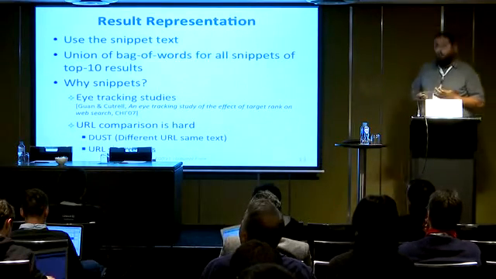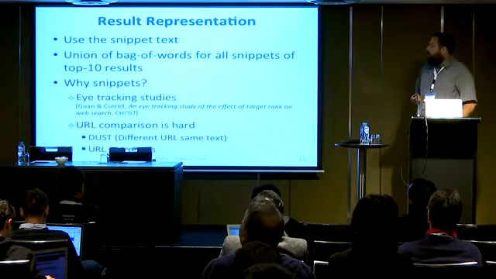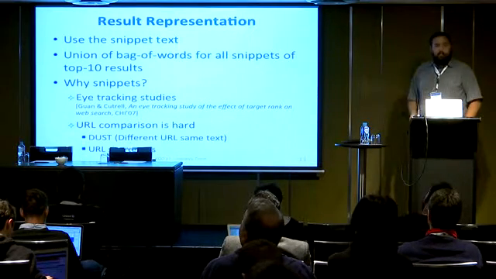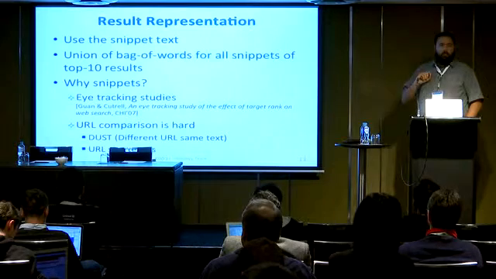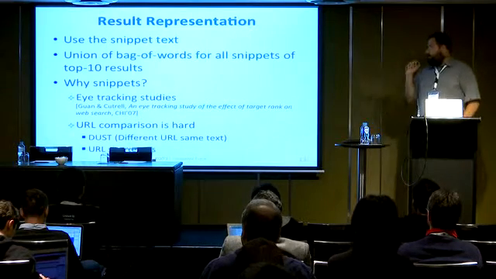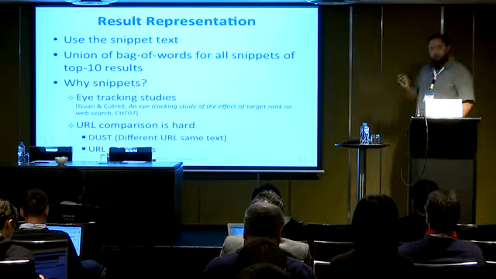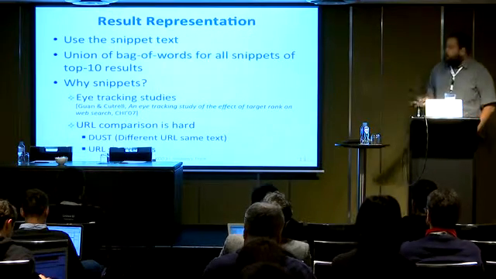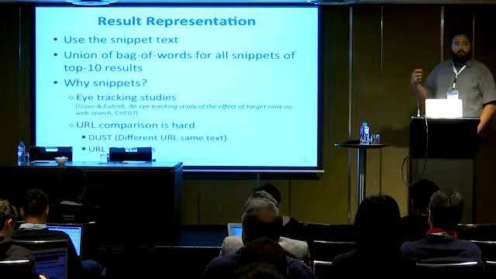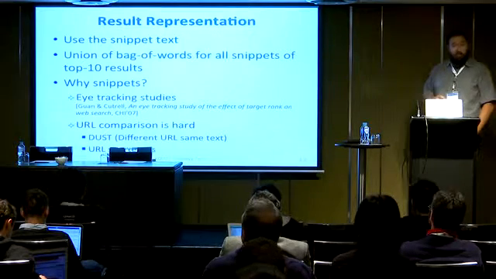Now, why snippets? First of all, eye tracking studies at CHI have shown that people actually look at the snippet and the title mostly to decide where to click. So the snippet is actually a good signal on whether the result is informative and the user is interested in it.